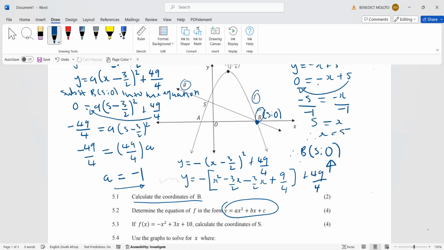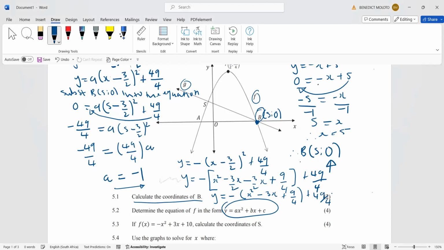Then these terms, when we add them, we get negative 3 over 2 x minus 3 over 2 x, which equals negative 3x. So y equals negative (x squared minus 3x plus 9 over 4) plus 49 over 4.